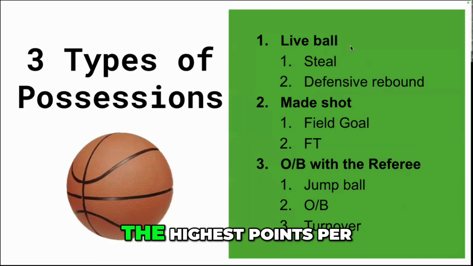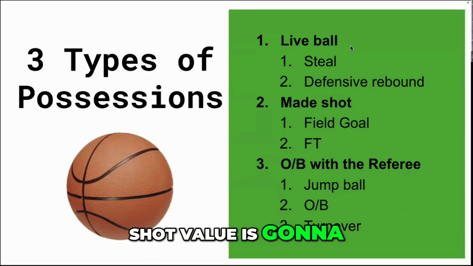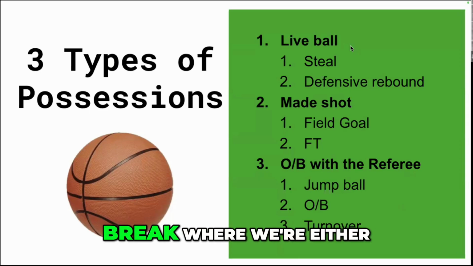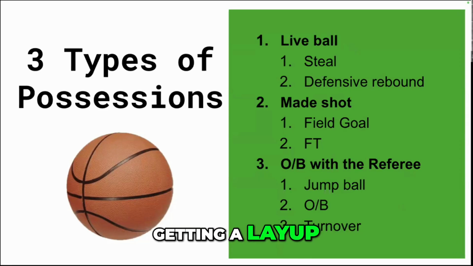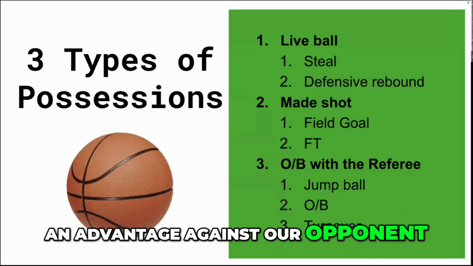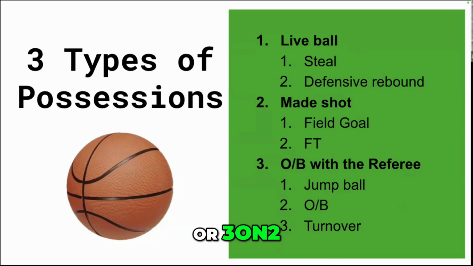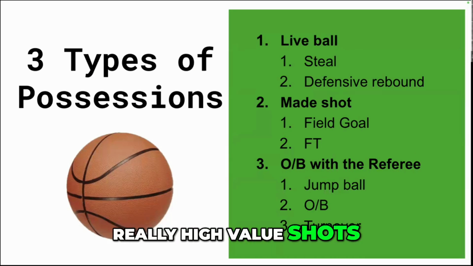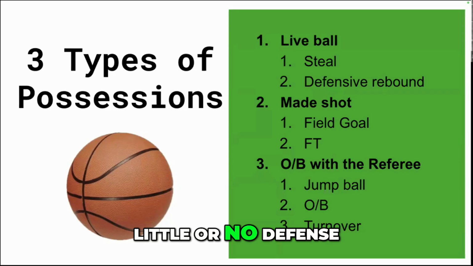The highest points per shot value is going to lead to a fast break where we're either getting a layup, maybe contested or uncontested, but we're probably at an advantage against our opponent. So it might be 2-on-1 or 3-on-2 or even 1-on-nobody if we got a clean steal and run out to a layup. And so a live ball ends up giving us 1.1 to maybe 1.2 points per shot value very easily, just because we're getting really high value shots, really close to the rim, with little or no defense in our way.